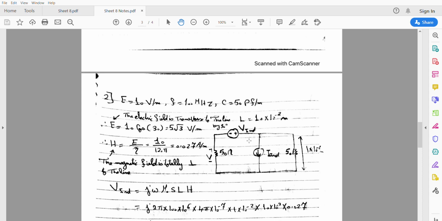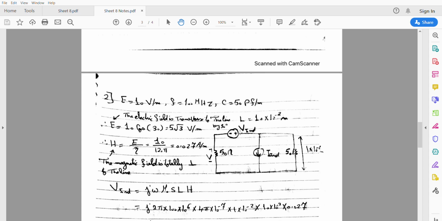Now the same procedure will be taken, but you have to be able to determine the negative and positive signs here.